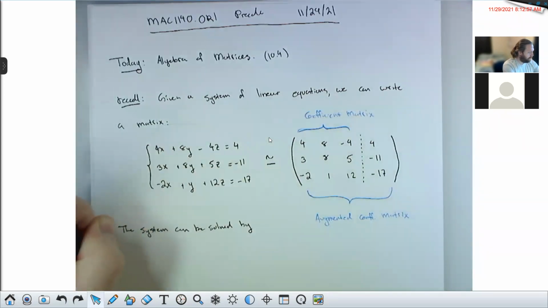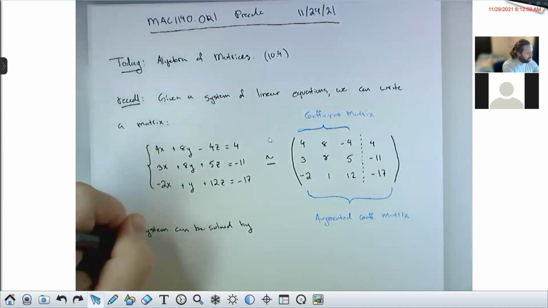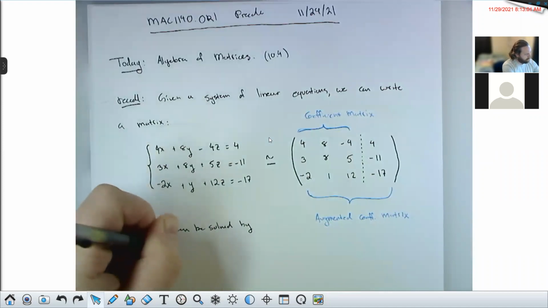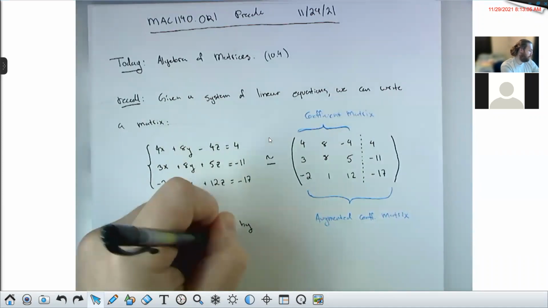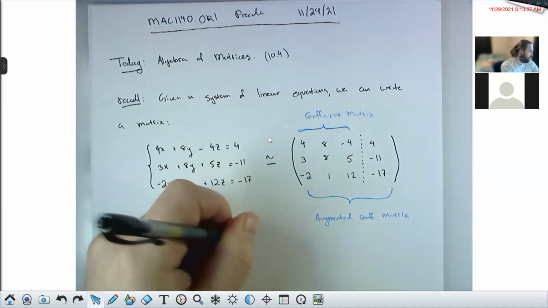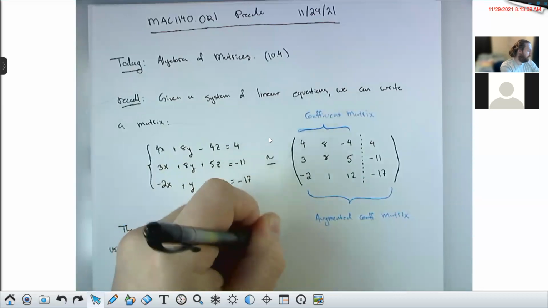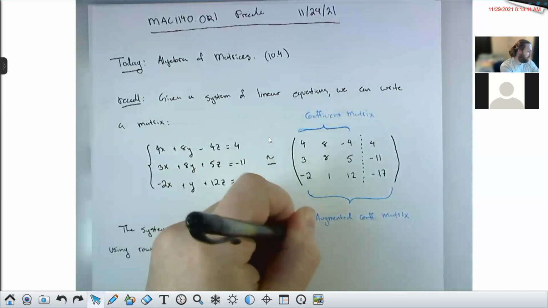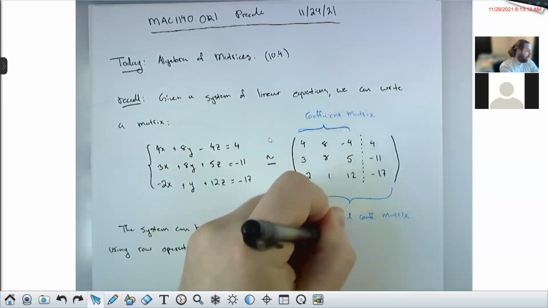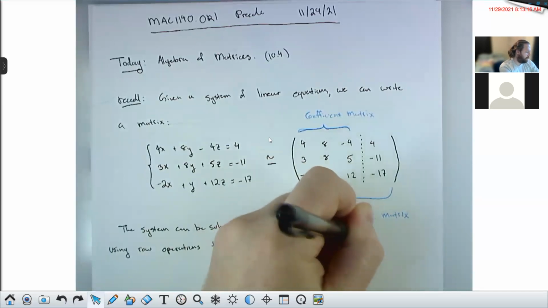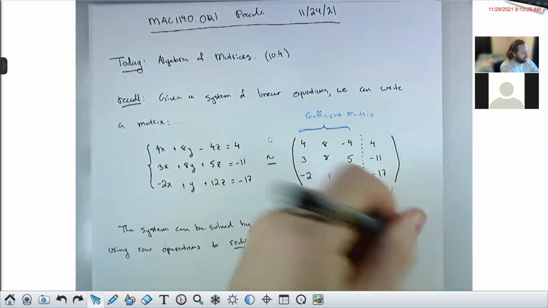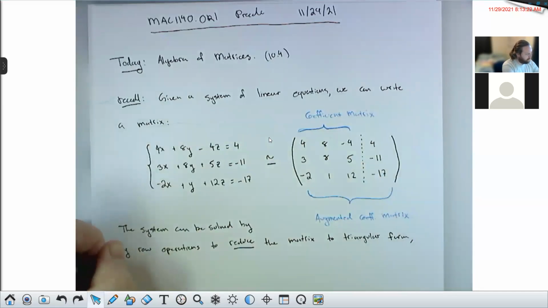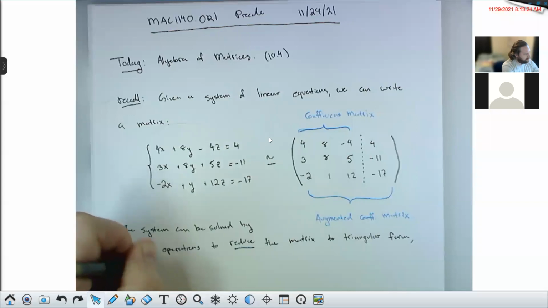The system can be solved by using row operations to, the term is reduce the matrix to triangular form. Then back substitute.